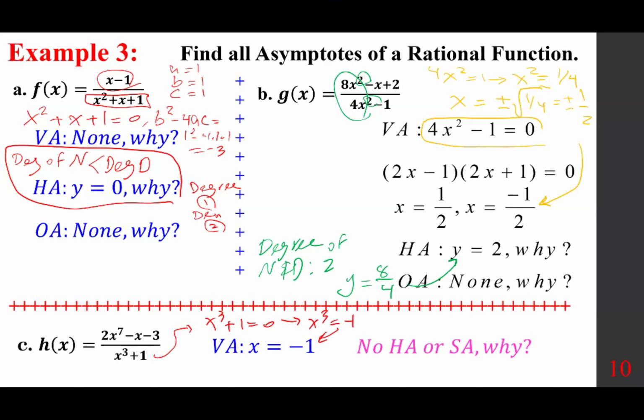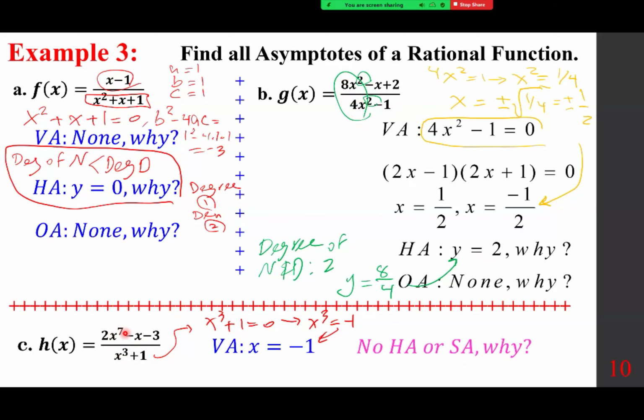So class, from here on, sometimes I go with OA, sometimes with SA, they are the same. Why is that? The degree of the numerator is 7. The degree of the denominator is 3, the difference of 4. So either it's smaller, y equals 0 becomes a horizontal asymptote. They are identical, the ratio of the leading coefficients, horizontal asymptote.